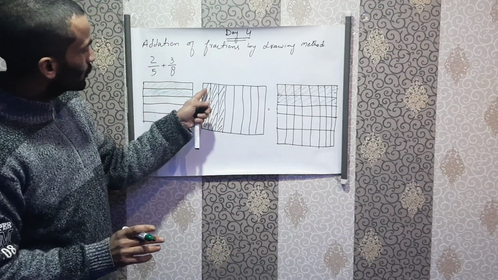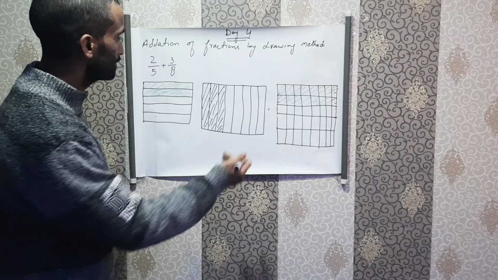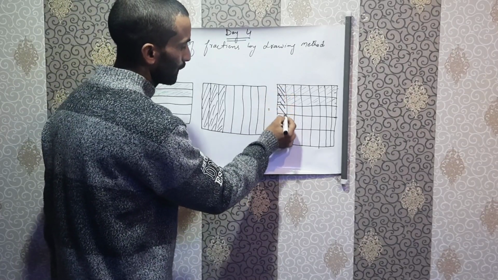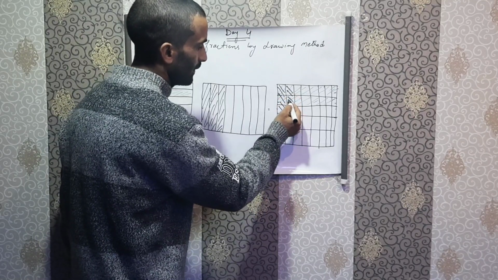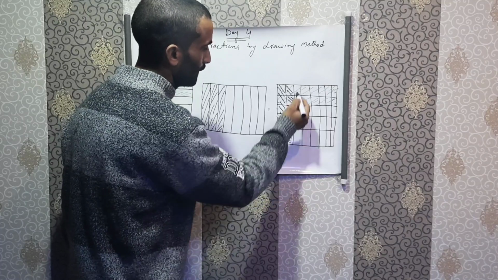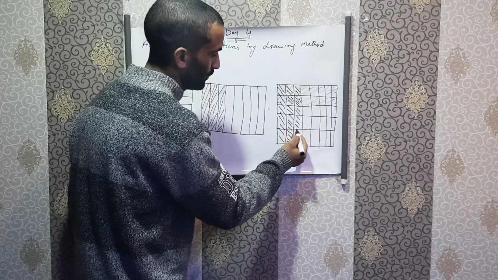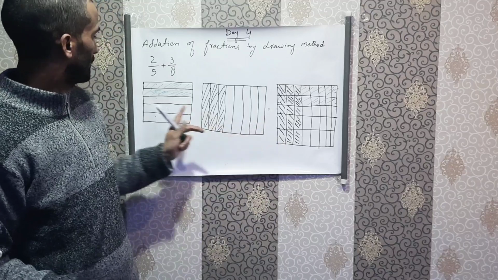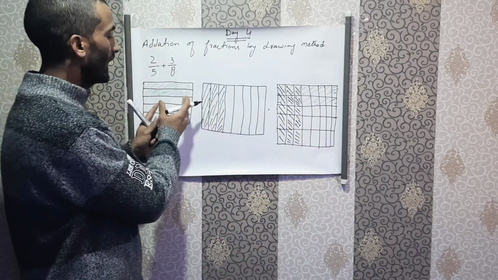And now we are going to shade these 3 parts like this. Now we have shaded both the fractions in one rectangle, meaning we overlapped these two.